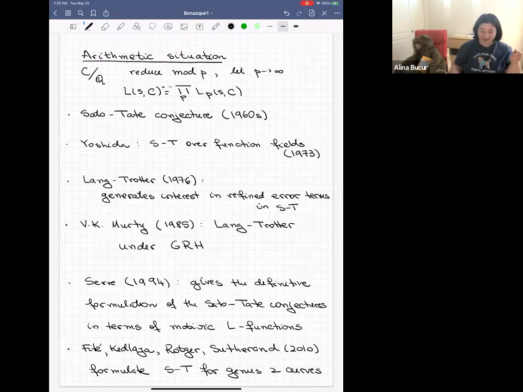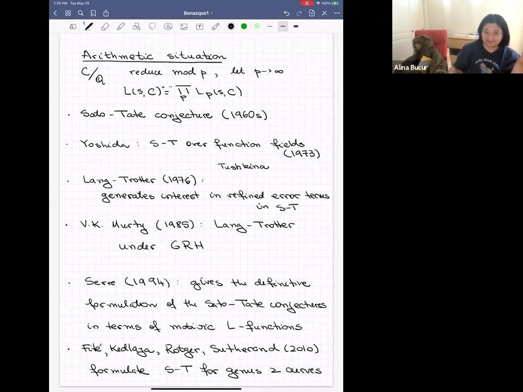A nice piece of history that I found out when I was preparing this talk is that the first numerical results for Lang-Trotter that they actually cite in their paper were done by somebody in the USSR at the time called Tushkina.